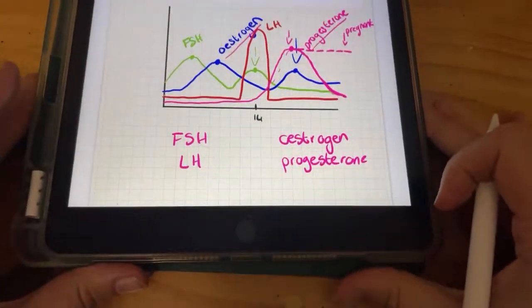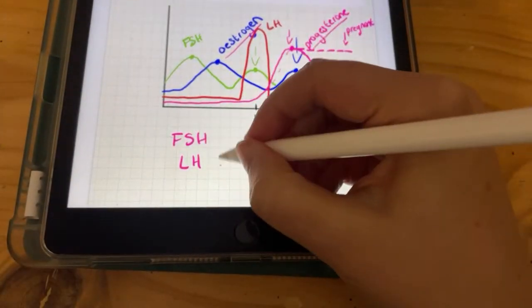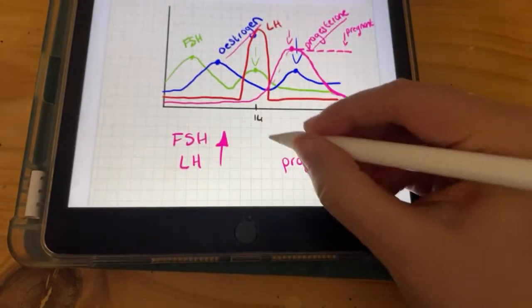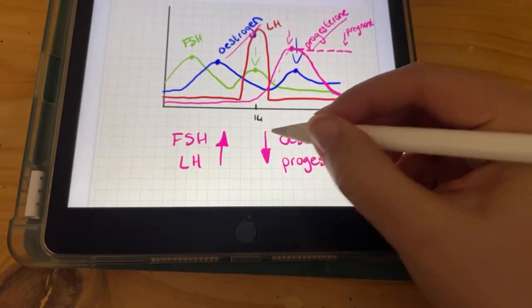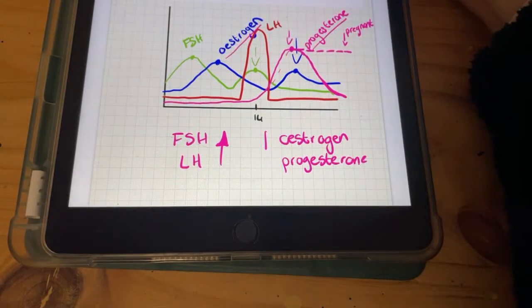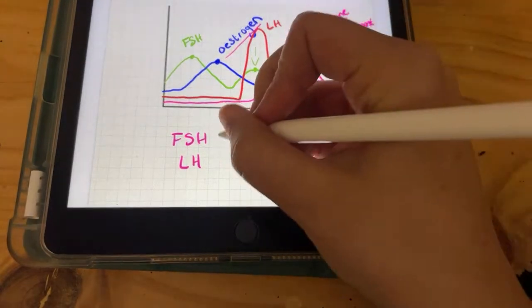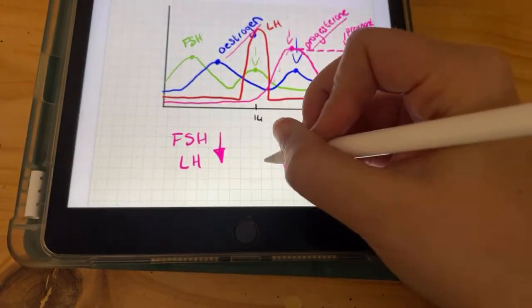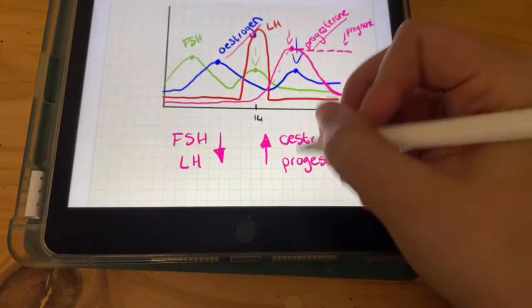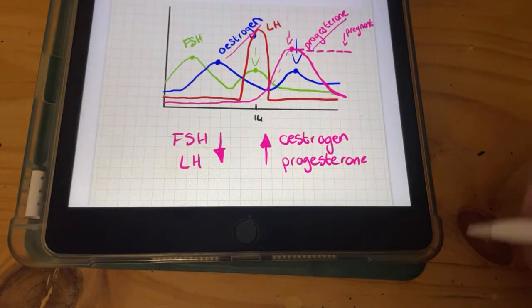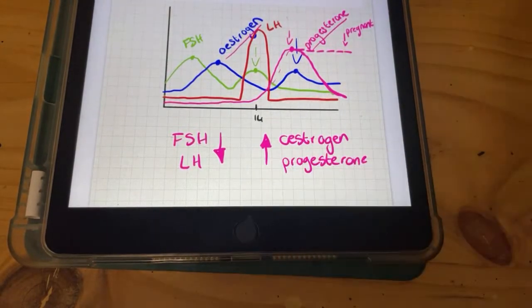If these two are going up, then these two are going down. And vice versa. If FSH and LH are going down, it's because estrogen and progesterone are going up. So that's how their negative feedback works with one another.